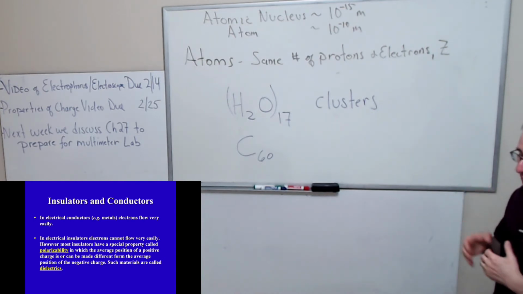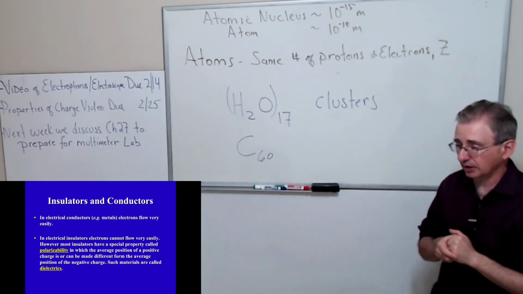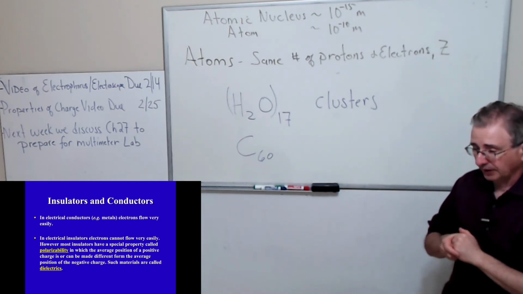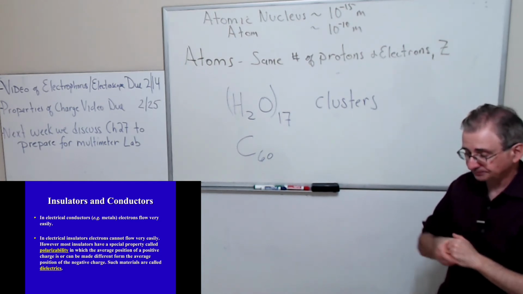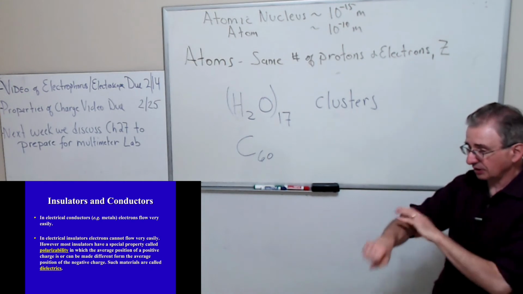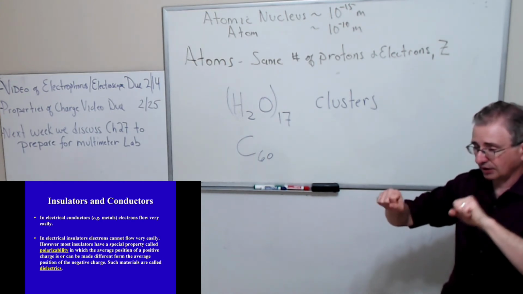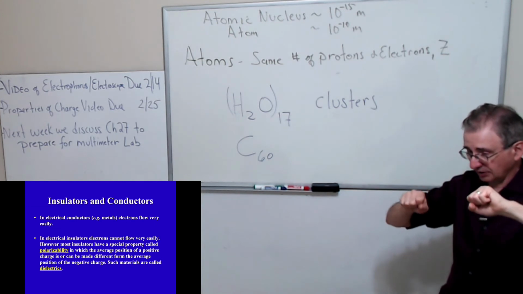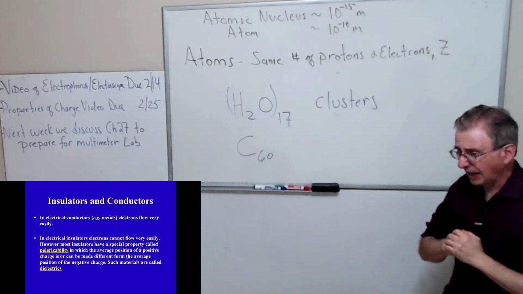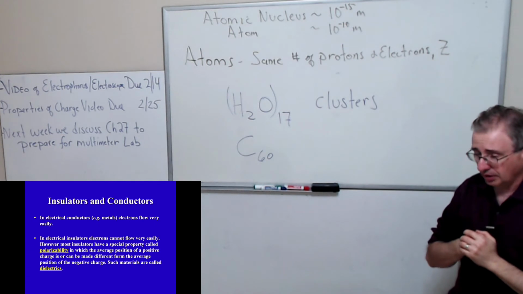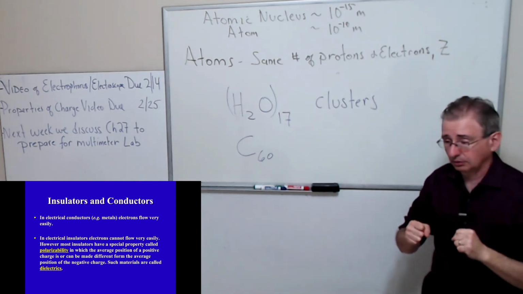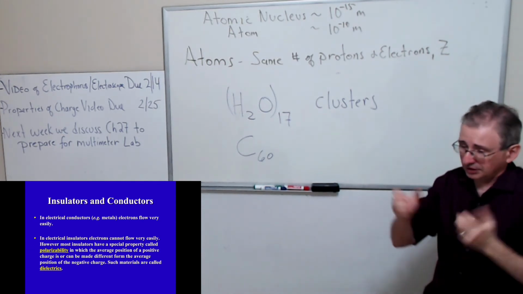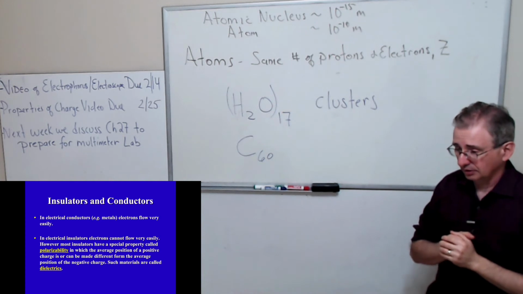Insulators have a special property, though, called polarizability, which means that you can actually separate the average position of the negative charge in the material from the average position of the positive charge in the material. In other words, you can form a dipole in the material. And these materials are called dielectrics.